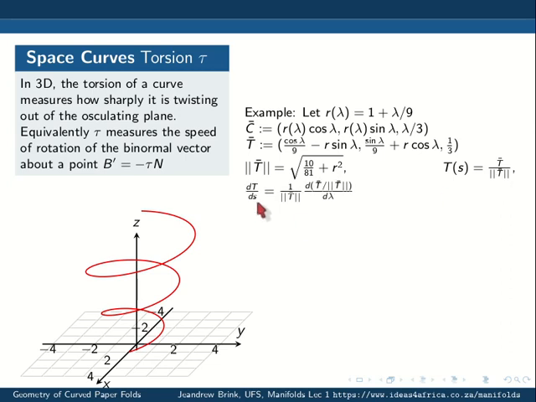And so here we have dt ds equals d/d lambda of what we define t of s as, divided by this norm. So we have an entirely valid expression for how the unit vector is changing, except that we can take our derivatives with respect to lambda, and we don't actually have to get the explicit distance parameter along the curve.